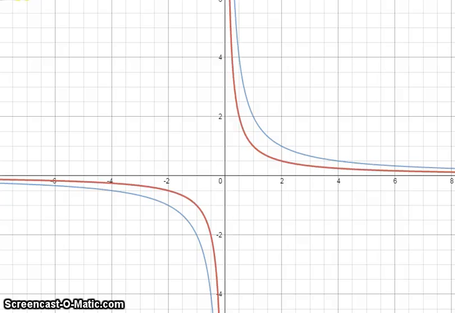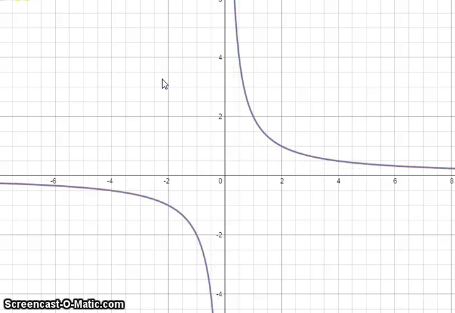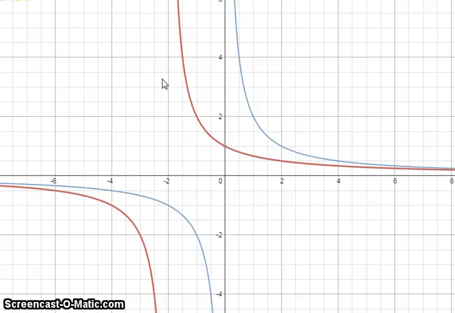So now we're going to compare this blue graph here, which is 2 divided by x, and we're going to look at 2 divided by x plus 2. So now we've added in that h parameter. If you notice here, we had 2 and 1.